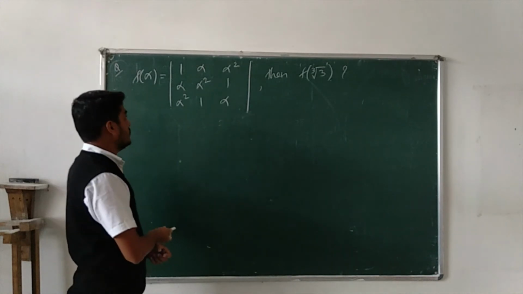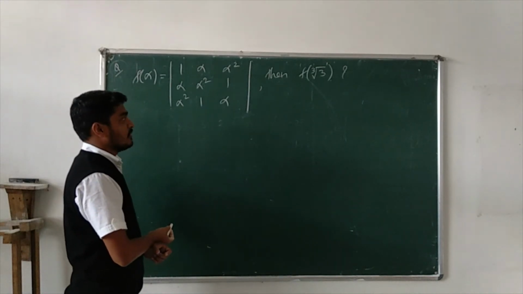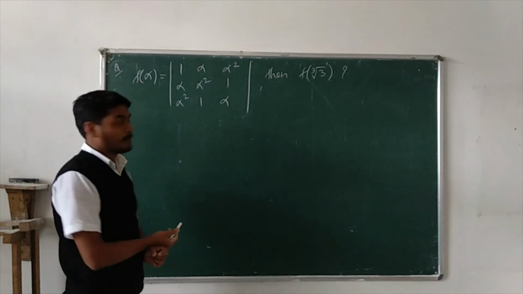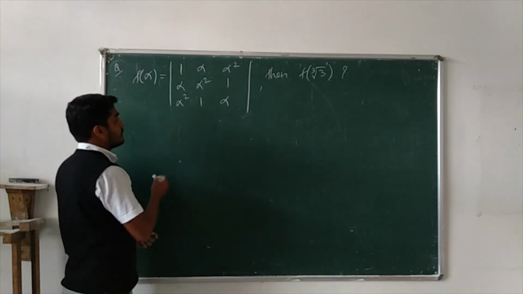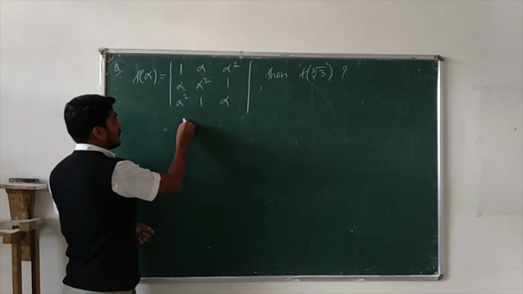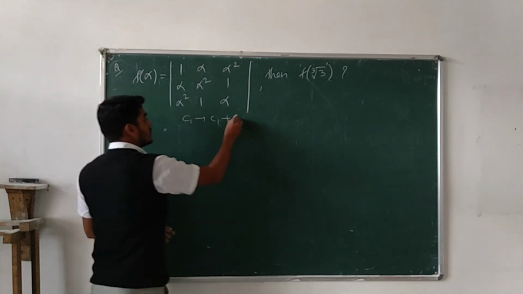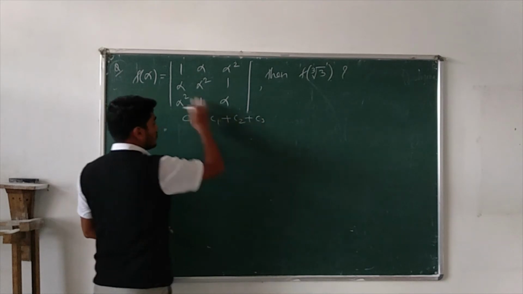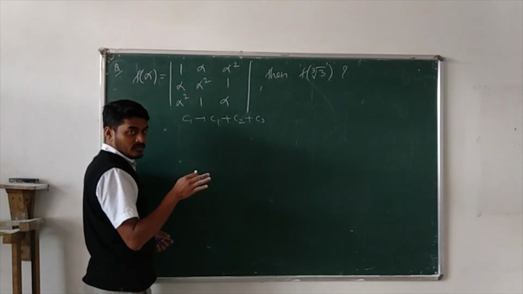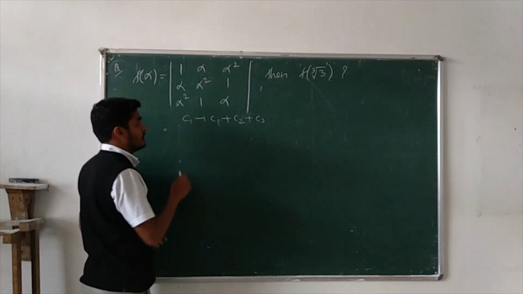One another example, f of alpha is given. You have to find the value of f of cube root of 3. So first of all, we have to simplify. That means we are going to apply the property C1 tends to C1 plus C2 plus C3. That means we try to simplify the determinant, and after simplifying we try to find the value.